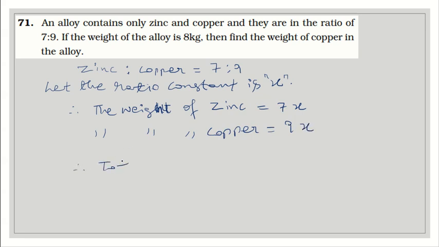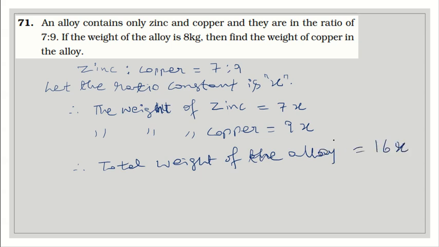Therefore, the total weight of the alloy is supposed to be 16x, because 7x plus 9x gives you the total alloy's weight.